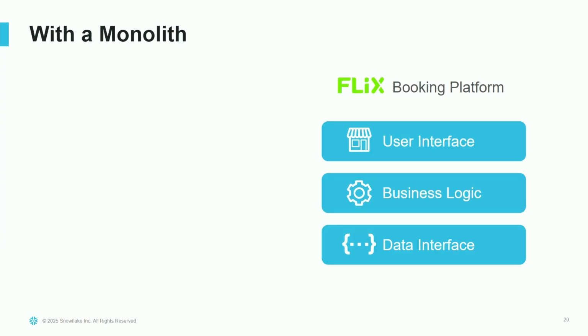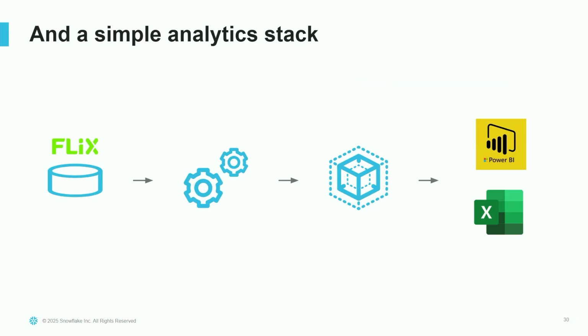And what we had at the beginning was a very monolithic piece of software. It was the first thing we developed. Very classic with a user interface, business logic, data interface, like you know it. And that was in place for many years. That's how Flix started. If we move on from here and look at our data landscape, at the very beginning, around 10, 11 years ago, we also started super classic with ETL.